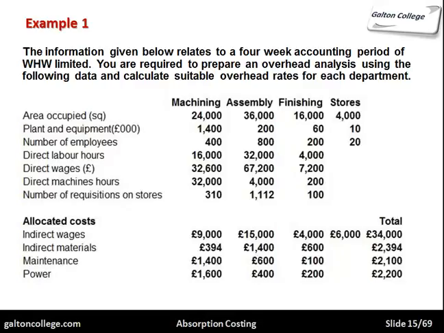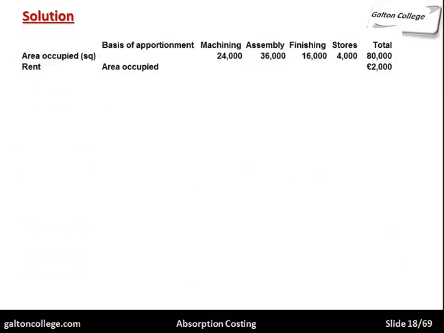The area occupied was 24, 36, 16,000 and 4,000, looking across the top: machining, assembly, finishing and stores. So there you are, 24,000, 36, 16 and 4, adding up to 80,000 square feet.